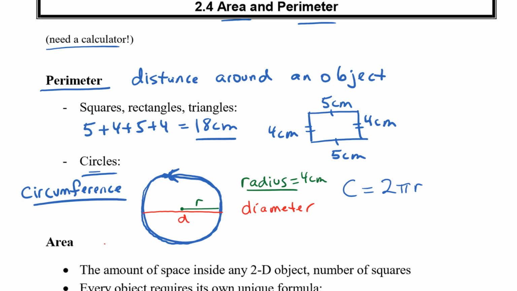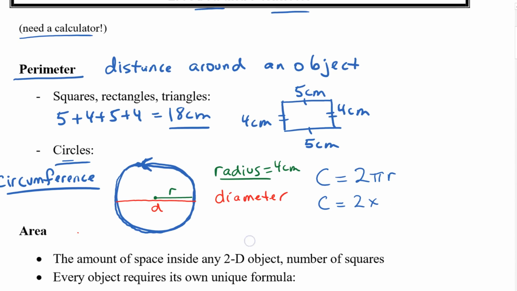So over here I would say the circumference is equal to 2 times, for pi, you can use the pi button in the calculator. What I'm going to be typically doing is just using 3.14. And I know the pi button is more accurate because there are more decimals that keep on going. But I'm just going to use 3.14 just for consistency so that if you're doing this, you can get the same answer as myself.